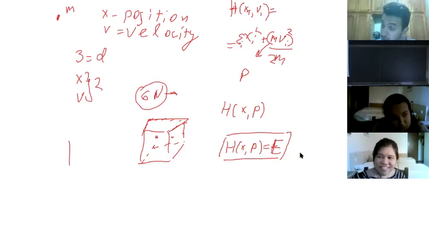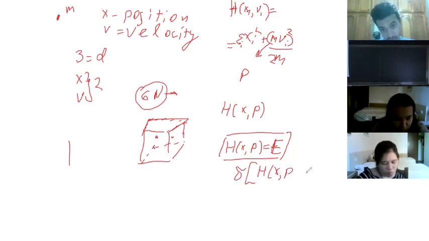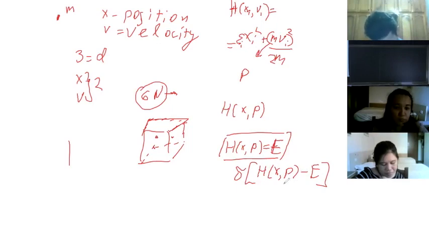I know exactly, it's E. Delta, very good. So it is delta of H of all X's and P's along all directions, minus E. The delta function gives you a non-zero result only when its argument is equal to 0. So when I find X and P such that H equals E, the quantity inside the brackets cancels out, and we have found the probability density of these particular states.